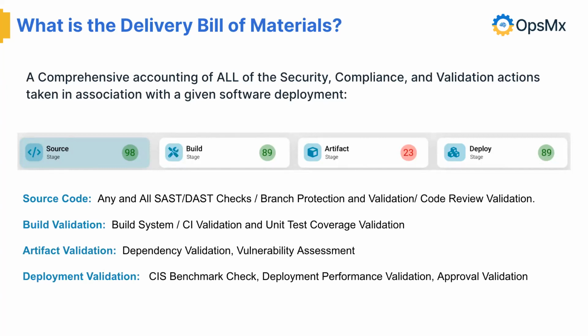So it's looking at all the things that have gone on, not just the contents, which is going to be our SBOM. But all the things that have taken place from the moment that code is checked in and the checks that it goes through there, through the build process, and then once the artifacts are generated, what checks happen there, and then ultimately into the deployment stage.